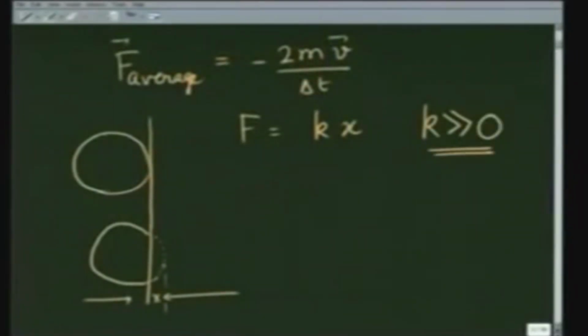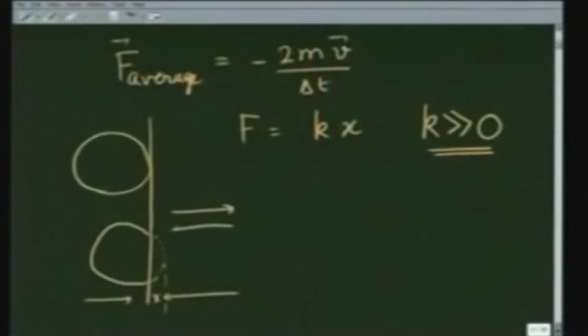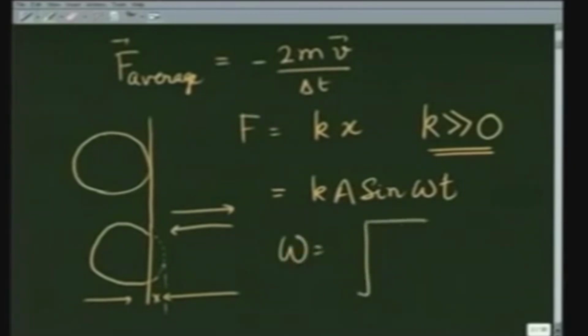It is a very large number. So it is like a very hard spring. If it hits and the force is this, obviously after hitting the ball is going to perform a simple harmonic motion, so that I can write this as k a sine omega t, where omega would be the characteristic frequency of oscillation with this k and the mass of the ball.